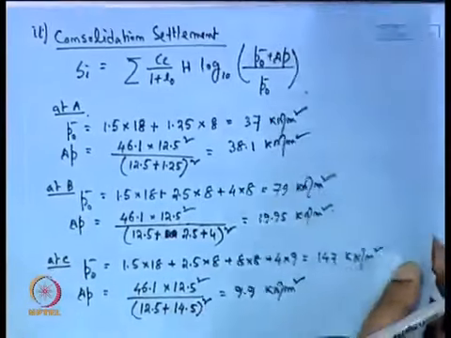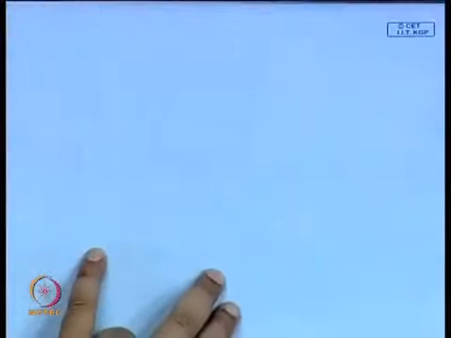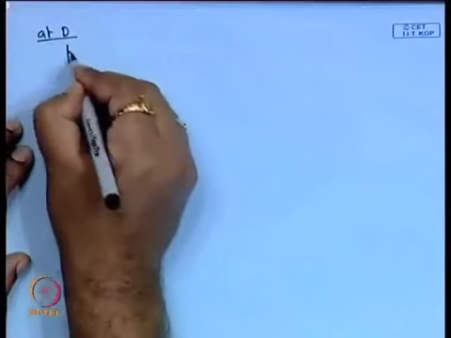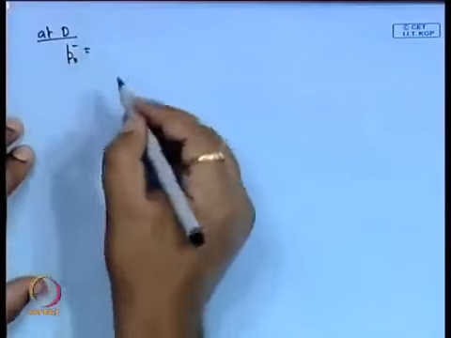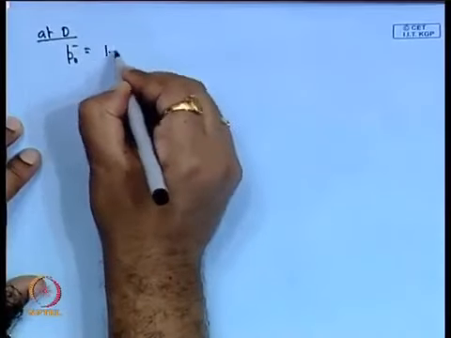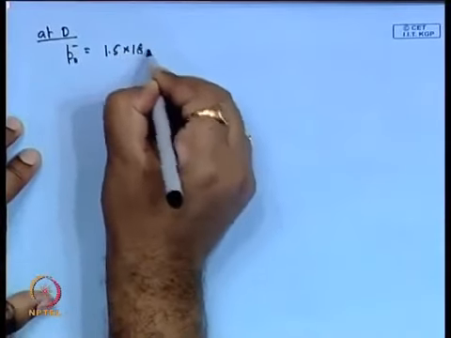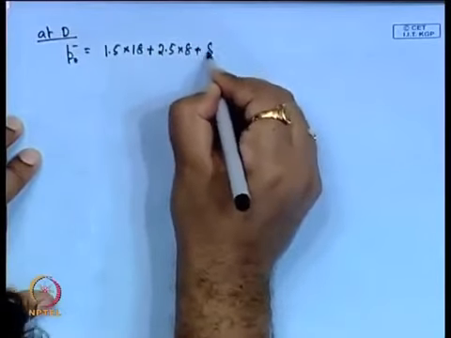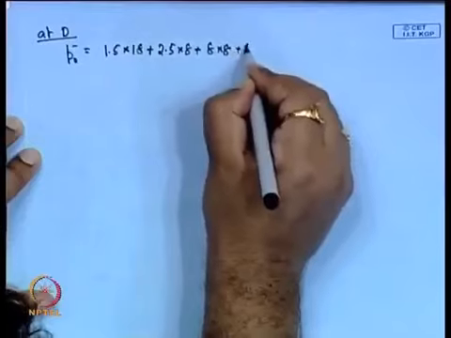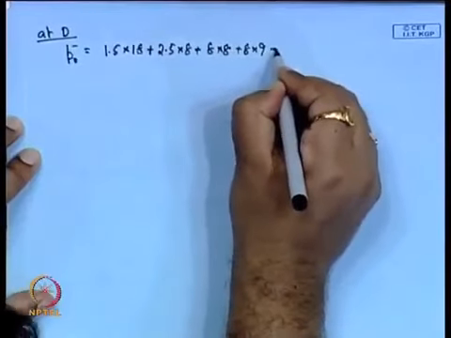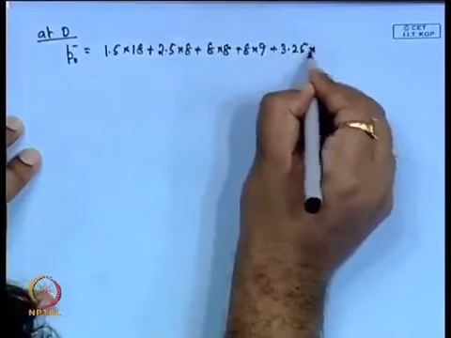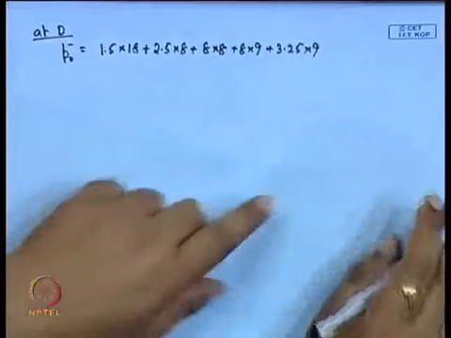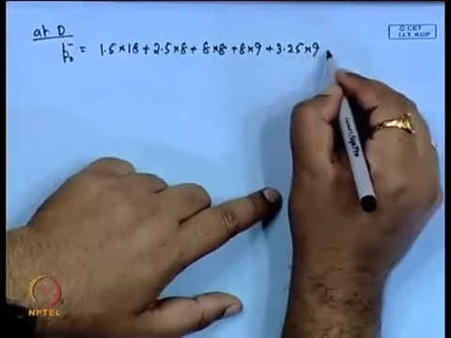Similarly, we can calculate in similar fashion at point D. This P0 bar is 1.5 into 18 plus 2.5 into 8 plus 8 into 8 plus 8 into 9 plus 3.25 into 9, because the D point is 3.25 distance from the third layer.